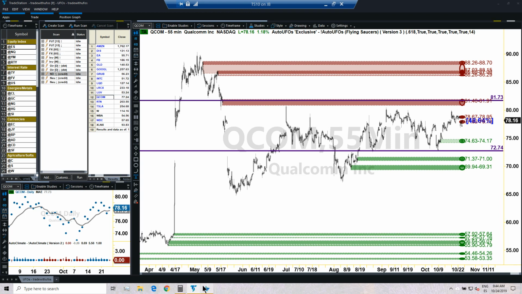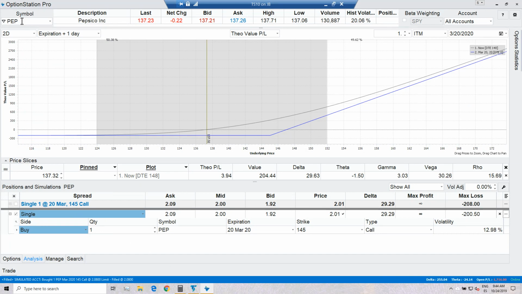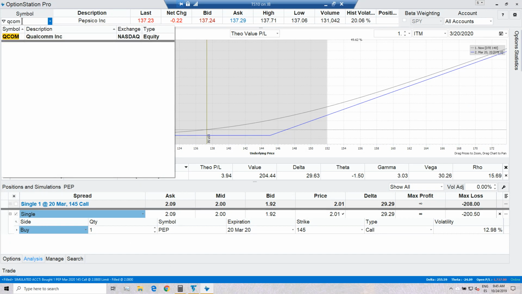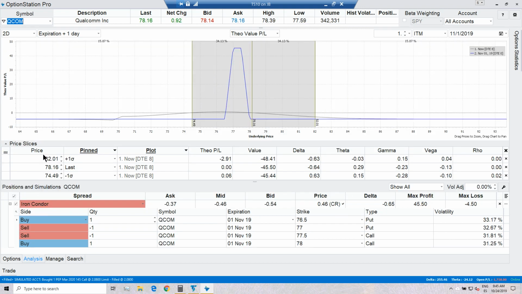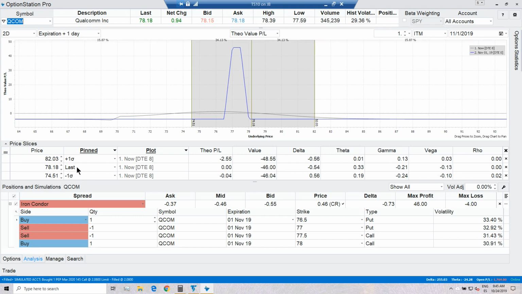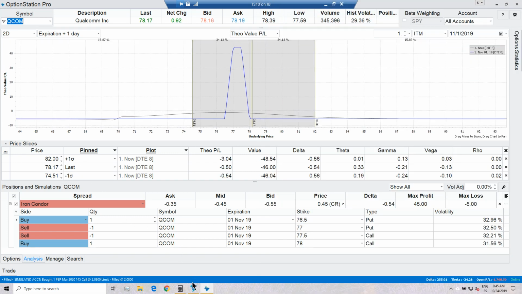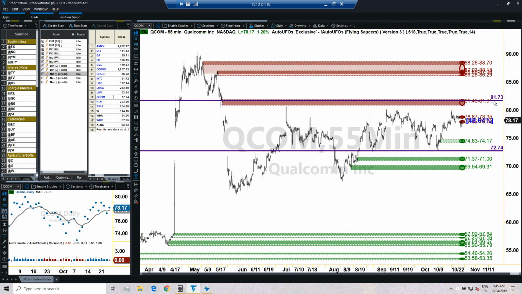So when we looked at Qualcomm earlier, it was 81 something, now it's 82, and certainly 82 would put you above that UFO.